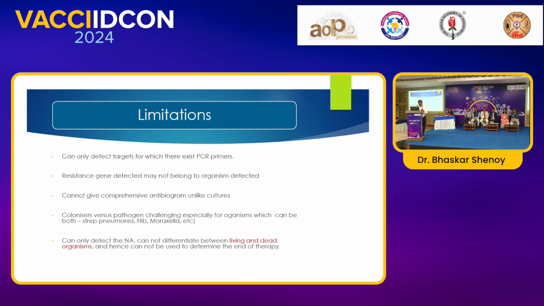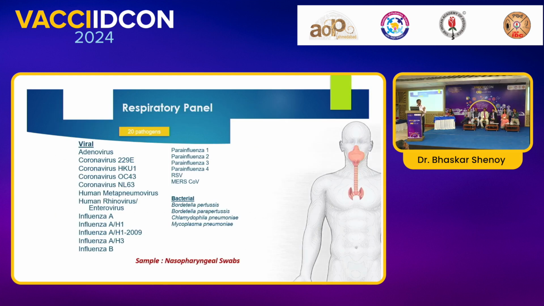Some pathogens are colonizers, and it doesn't differentiate between a colonizer and a pathogen. For example, Streptococcus pneumoniae in HIV can be in the upper respiratory tract. And since it detects nucleic acid, it doesn't differentiate between a dead and a living organism, and it is not useful for detecting the end of treatment.